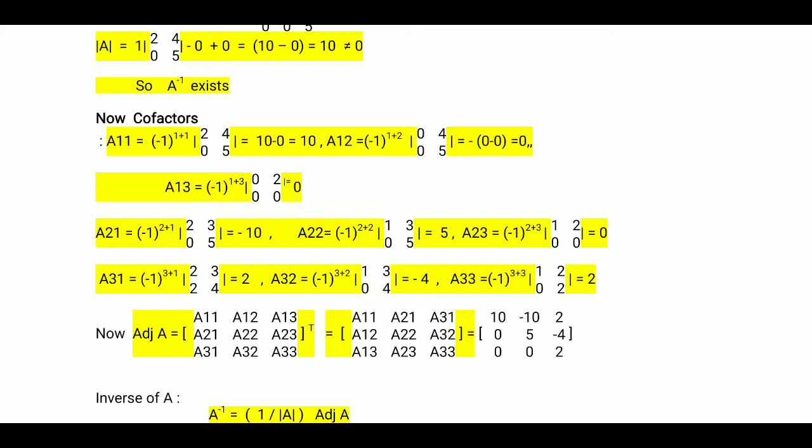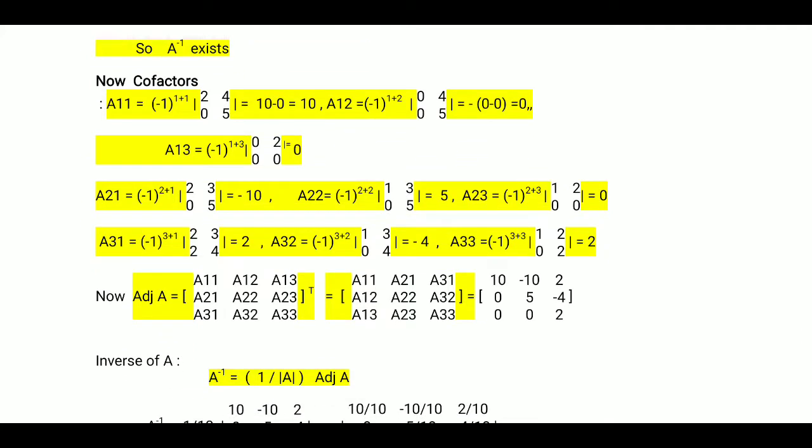So next one A33, that is minus 1 power 3 plus 3, the determinant obtained is 1202, we get the result of the determinant, that is 2, and from there that is 1, so 1 into 2 is again 2.